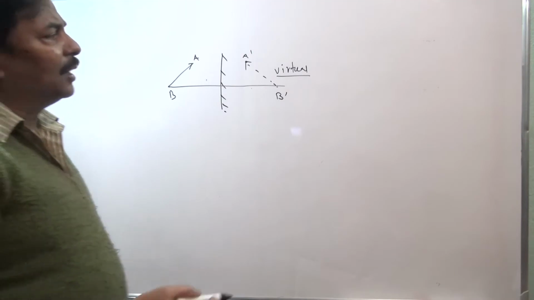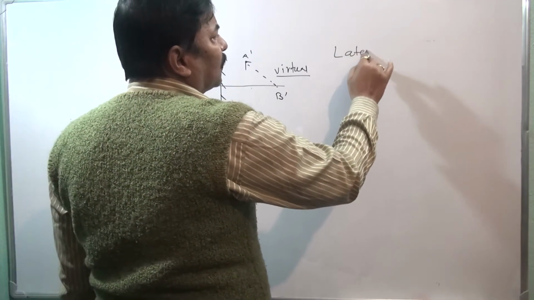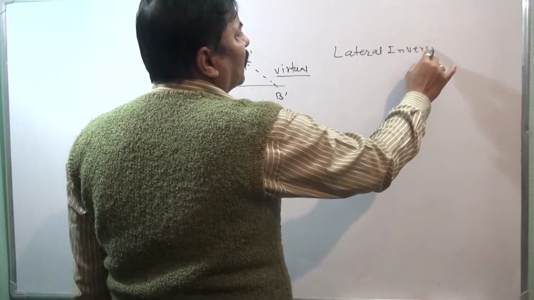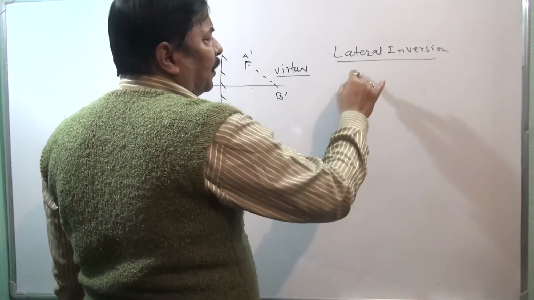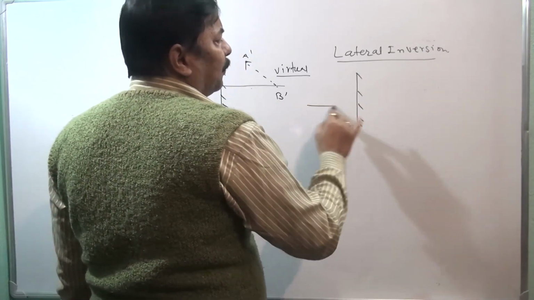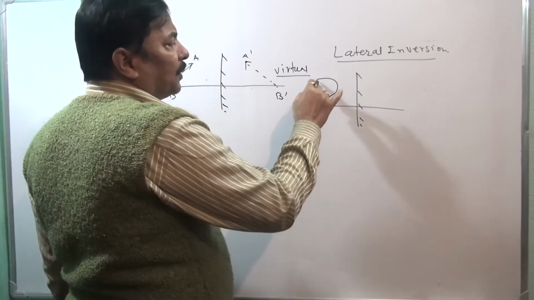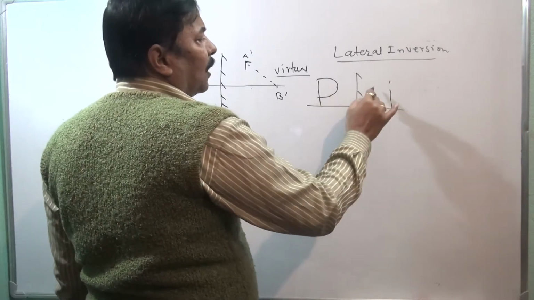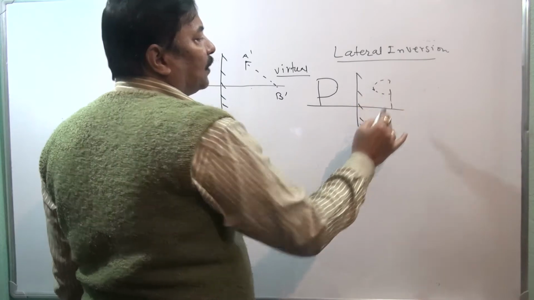Also you should understand the concept of lateral inversion. What is lateral inversion? Here if the mirror is there and if we keep a letter P here in this way, then this straight line will have its image here, this nearer point will have its image here, and so we will be getting the image in this way.